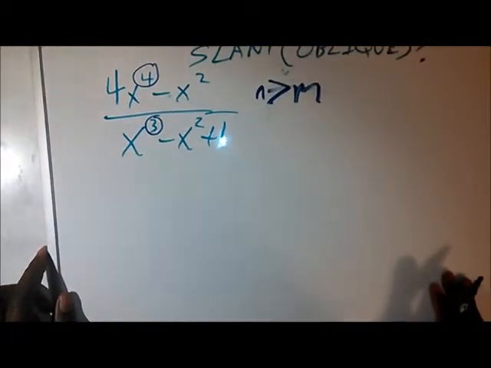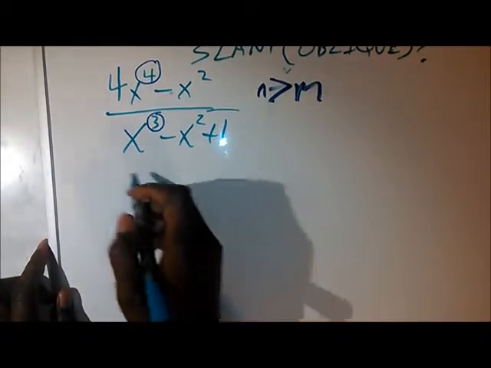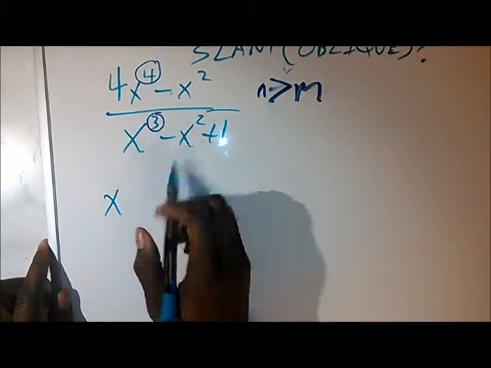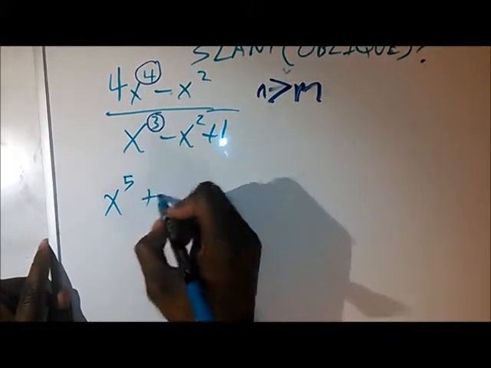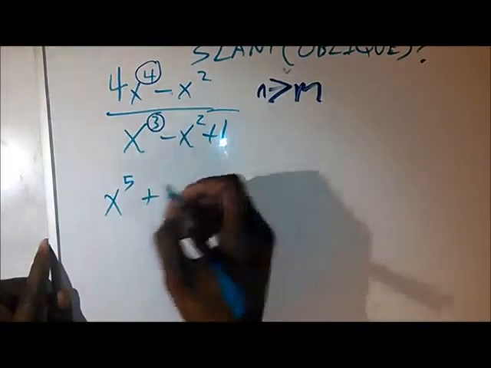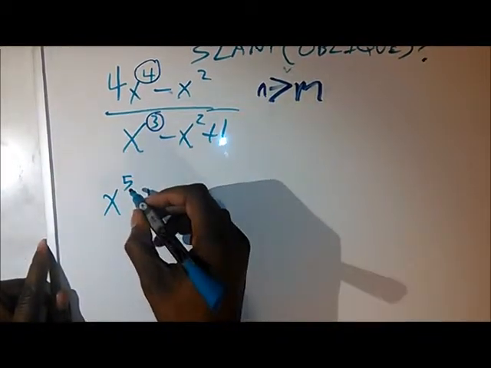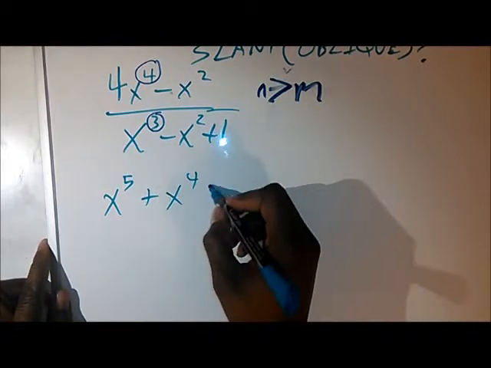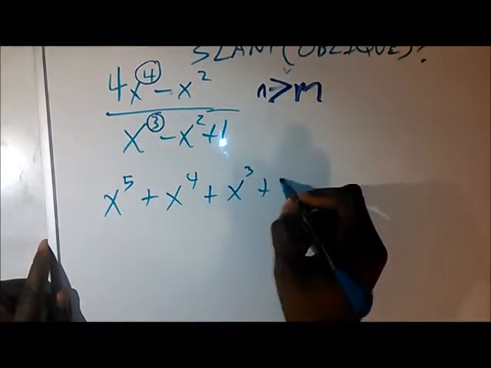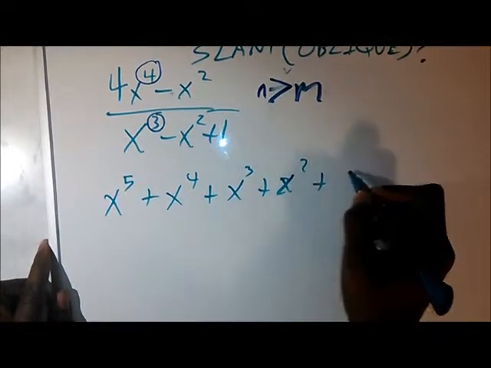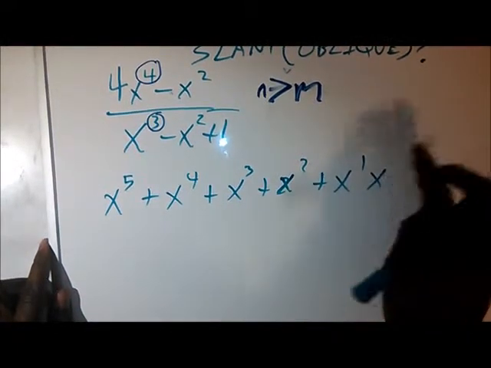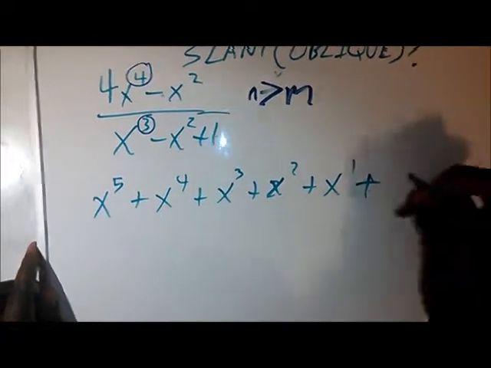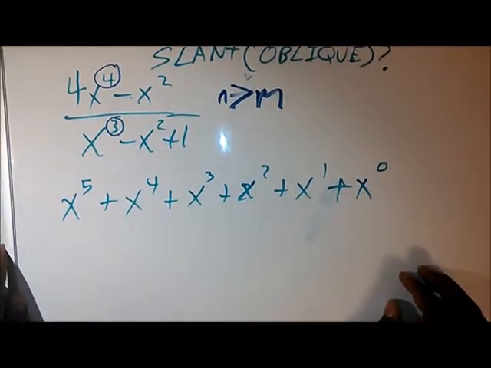Remember, whenever we're doing polynomial division, we have to make sure the numerator and the denominator are written in order. The highest power can be anything, say x to the 5th; whatever the highest power starts out as, it has to go down in order: 5, 4, 3, 2, 1, zero.